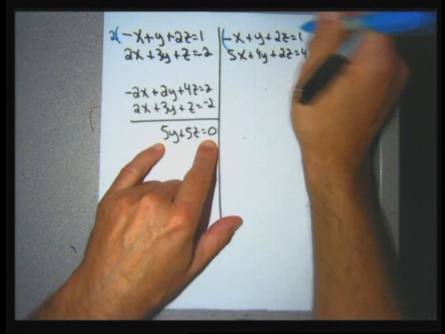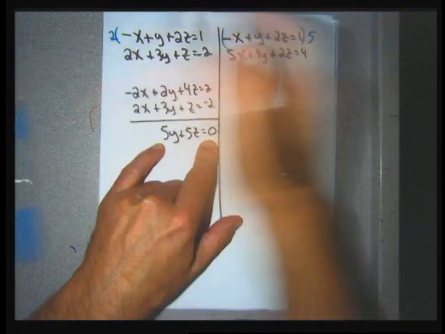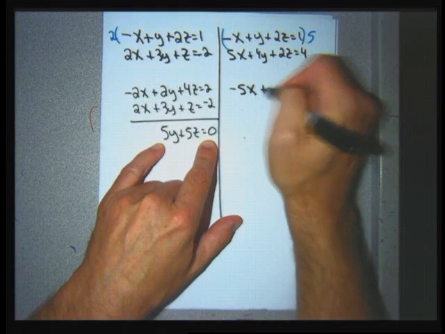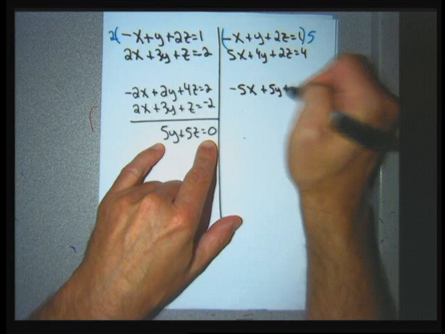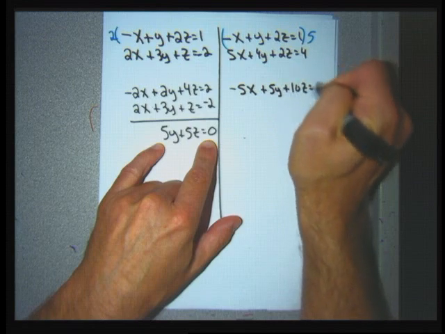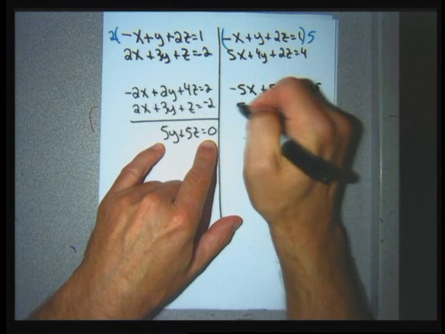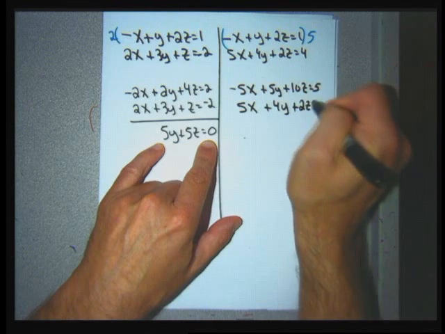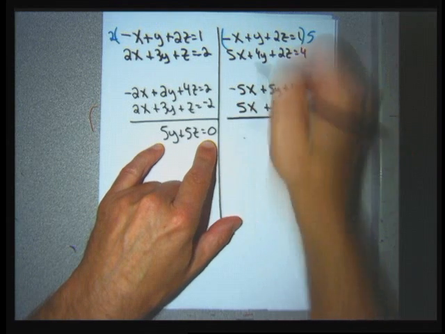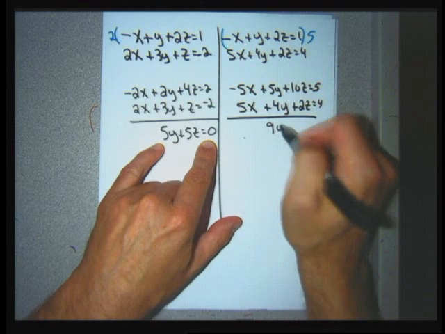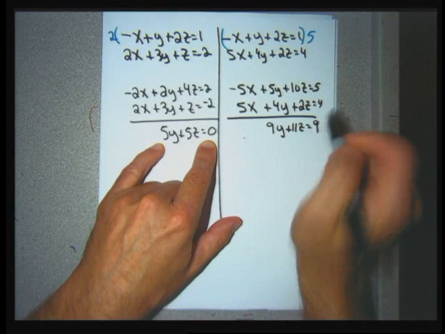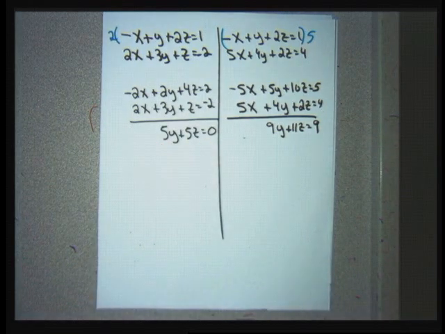For this other side, I'm going to multiply by 5 and get negative 5x plus 5y plus 10z equal to 5 on top of 5x plus 4y plus 2z equal to 4. X's cancel. I get 9y plus 11z equals 9. I'm going to stack these equations on top of each other.